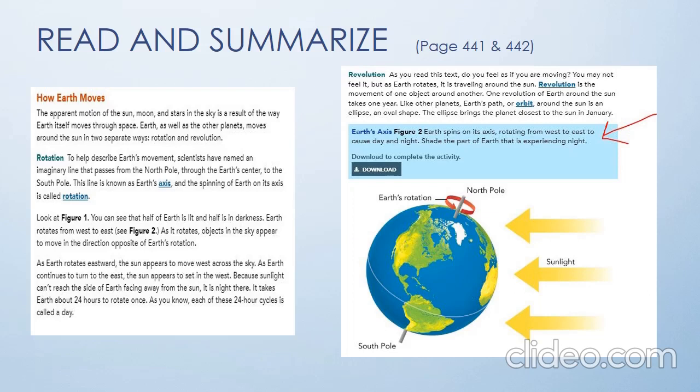In your summary, you should have the definition of rotation, the definition of revolution, what orbit means, what axis means. So do a very quick summary. My advice is for you to read, and when you're done reading, put the textbook aside and write a summary in your own words.